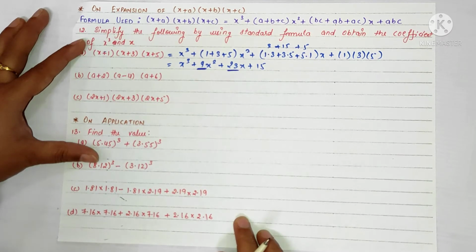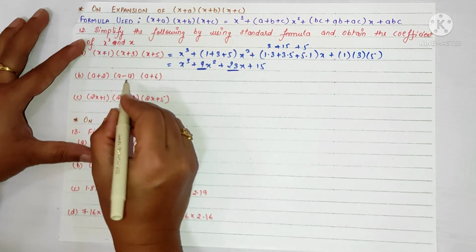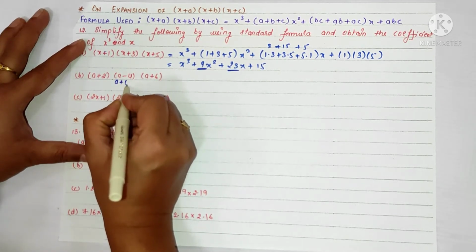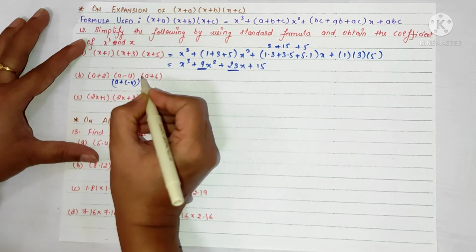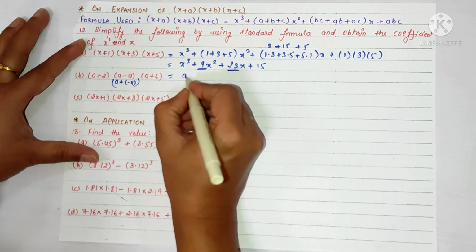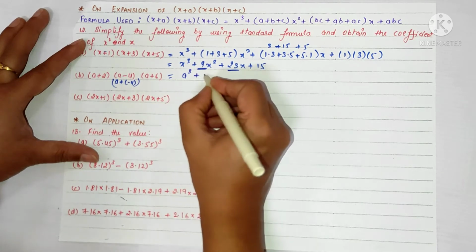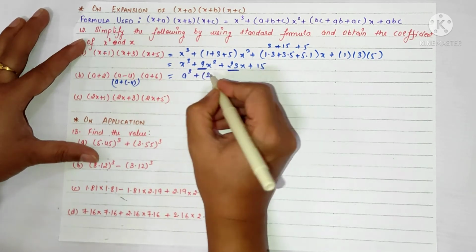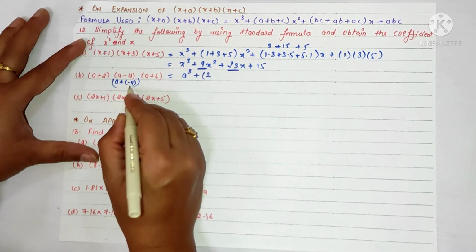So next is a plus 2 into a minus 4 into a plus 6. So I can write this a minus 4 as a plus minus 4. Okay, so starting with the variable that is a, so we'll be writing here a cube plus, we'll write 2 and minus 4, we will consider.